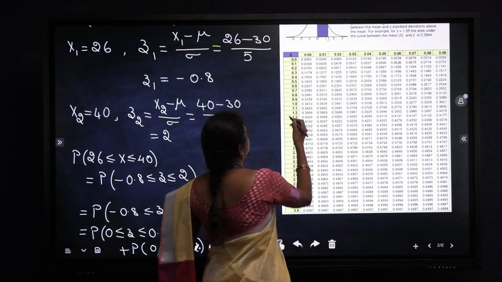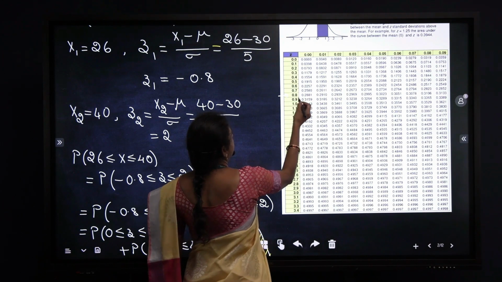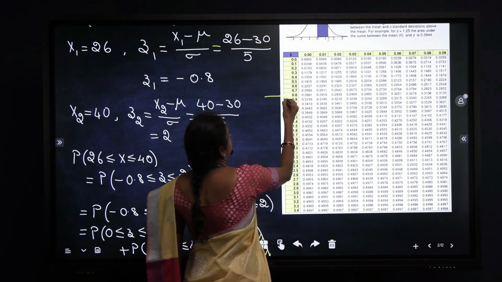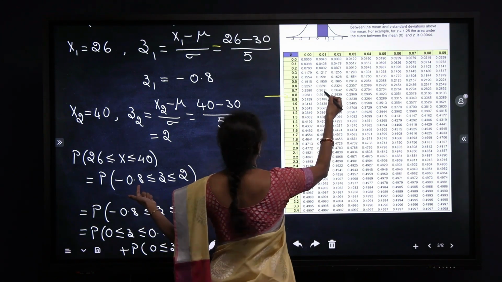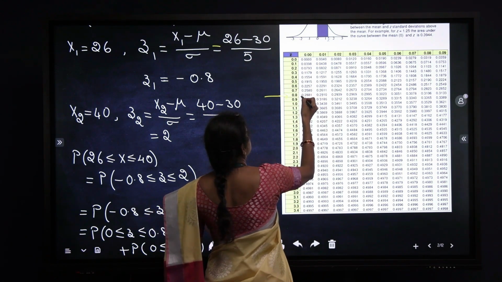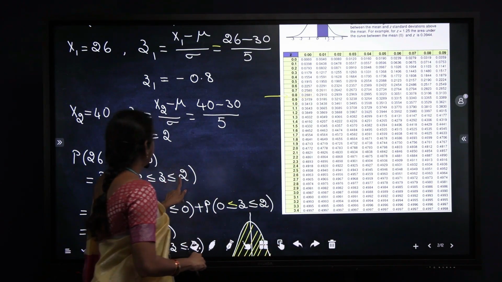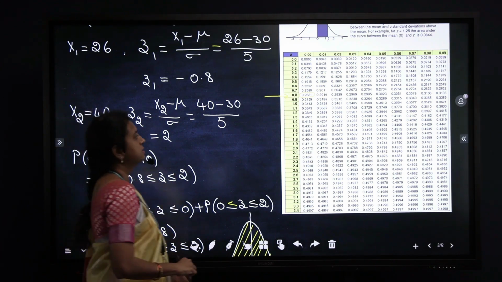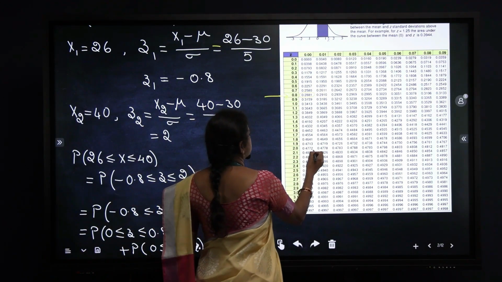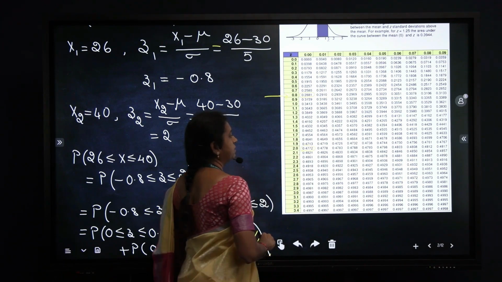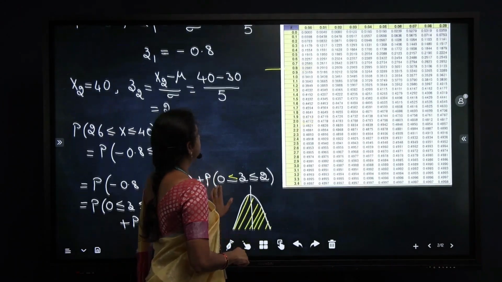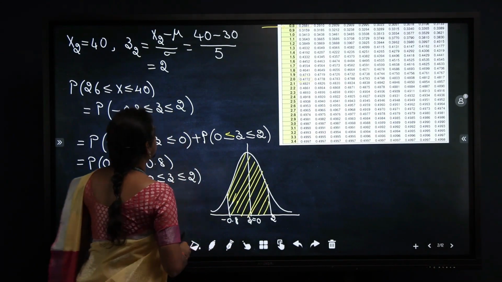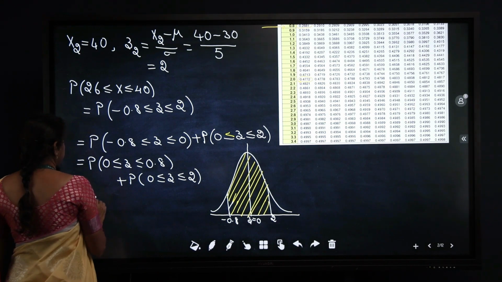Here we have 0.8 value, under 0.8 and under 0.02, because the value is 0.8 we have to see. So 0.8 under 0 is 0.2881, right? And now we'll see the value of 2 under 0 again. So 2 under 0 is 0.4772.